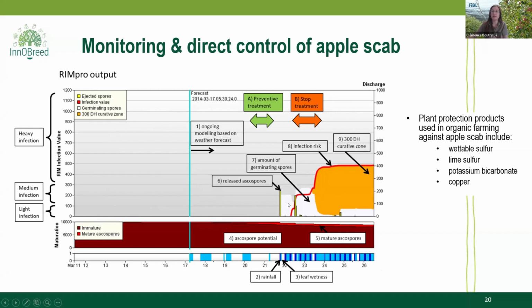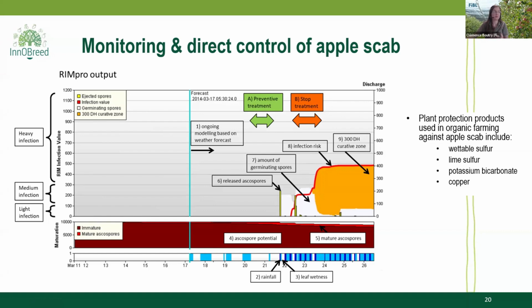And then for plant protection measures, you have preventive treatments, which are done just before the infection or the forecasted infection period, or stop treatments, and these are done just after, usually when you couldn't do a preventive treatment.